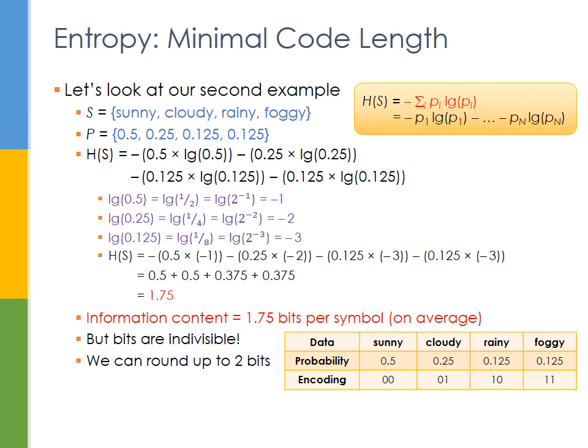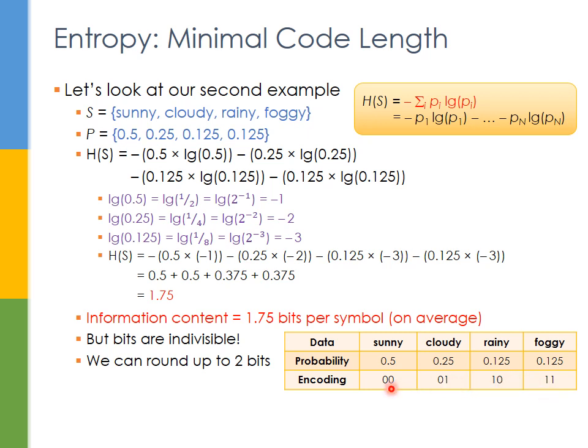So over here we have then our various symbol values, sunny, cloudy, rainy, and foggy, along with their probabilities. And if we then use 2 bits for each of the codes, we could then use a code of 00 for sunny, 01 for cloudy, 10 for rainy, and 11 for foggy.